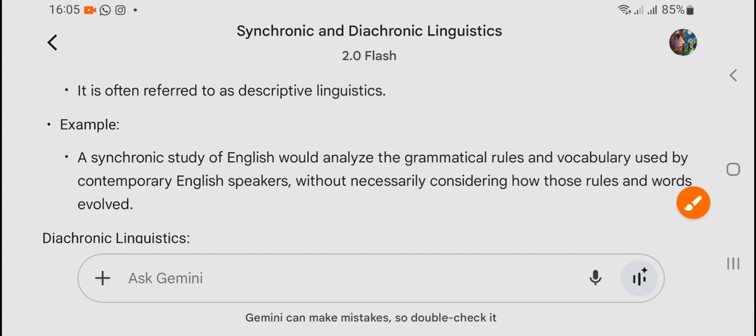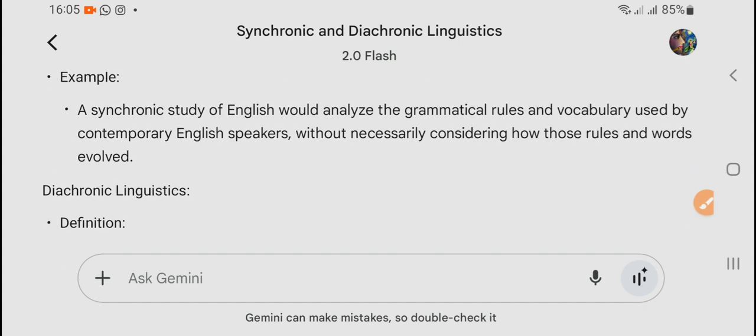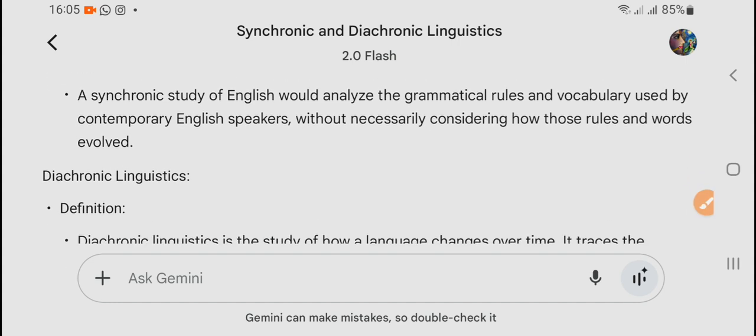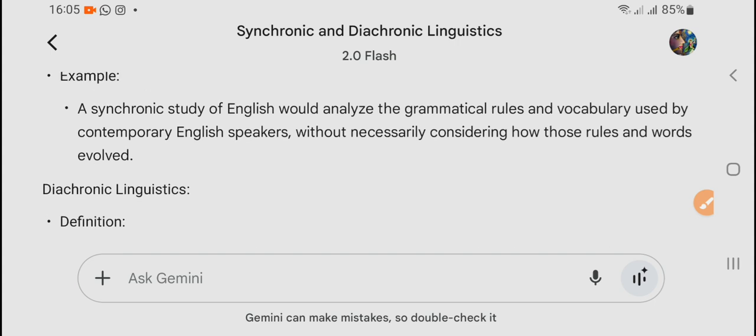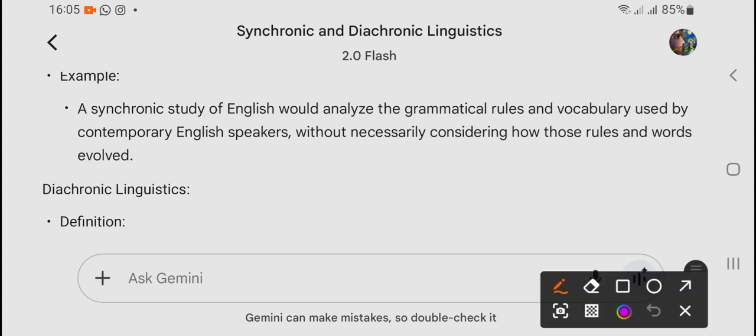Okay, now an example: a synchronic study of language would analyze the grammatical rules and vocabulary used by contemporary English speakers. You all, and I too, are contemporary English speakers, because this is the time where I have to learn email language, SMS language, new language, market language, phrases and all.